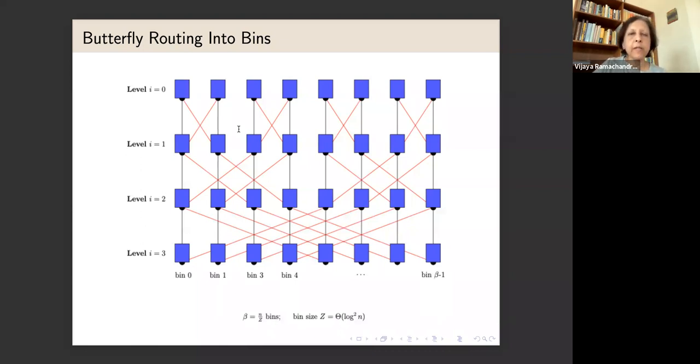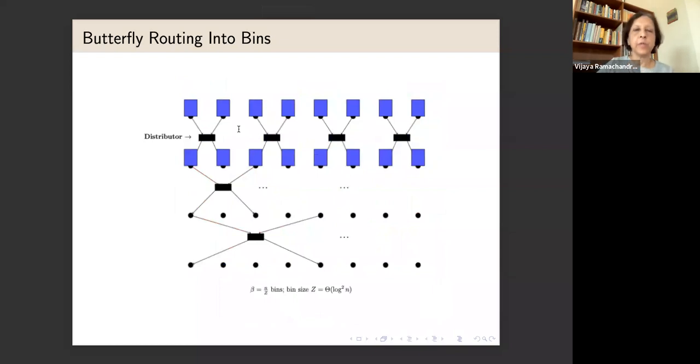Instead, we put a distributor between pairs of inputs and their corresponding outputs. This distributor needs to obliviously move the elements from input bins to the corresponding outputs, which are inputs at the next level. So this is the structure of our ORBA algorithm. The question is, what is the oblivious method for the distributor?